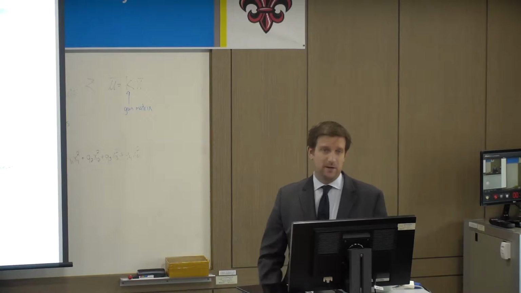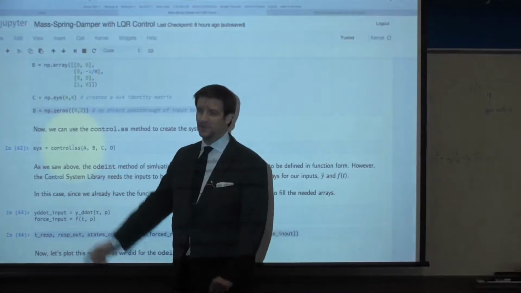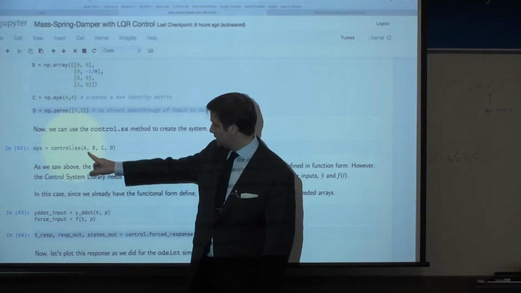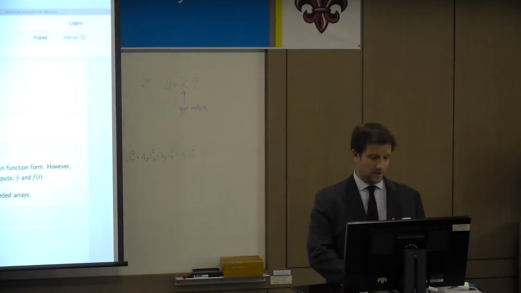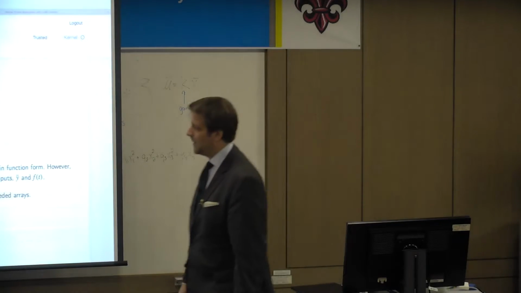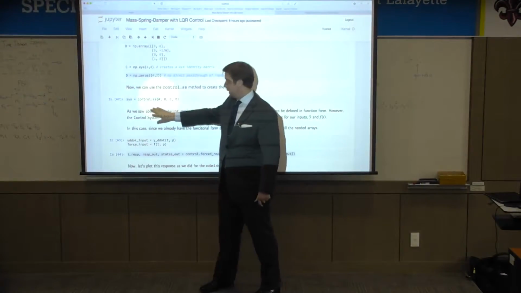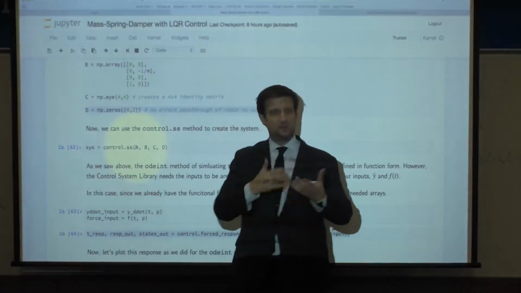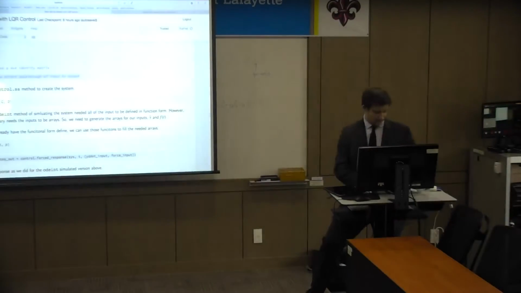In this case, the Python Control System Toolbox, just like in MATLAB, has a function that's SS, which stands for state space, and you just give it the 4 matrices that represent your system. I give it those 4 matrices that describe my system, and now I have an object that represents my system dynamics. And I can use that to simulate the system, which I'm going to do.